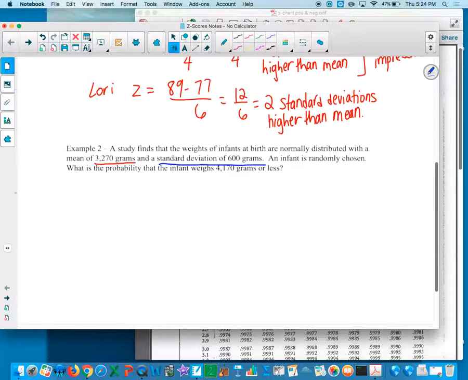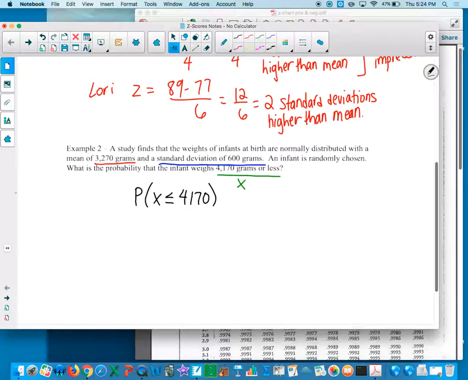What's the probability the infant weighs 4,170 grams or less? So that's our data value. Our first thing, we're looking for really the probability that this infant weighs that amount or less, so that would be less than or equal to the 4170.